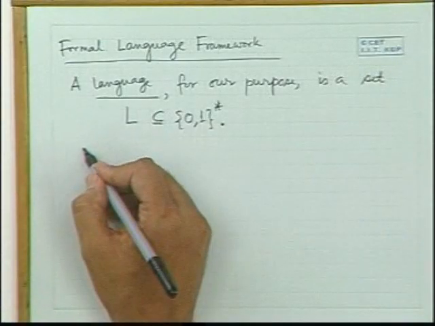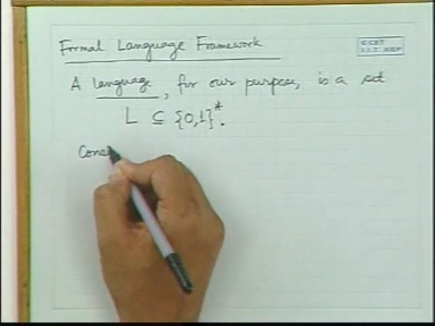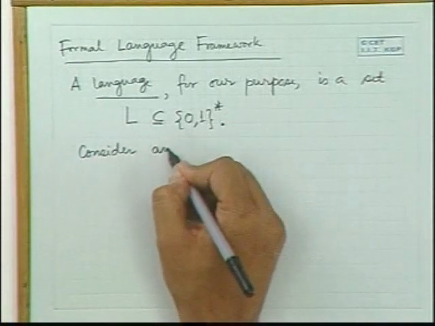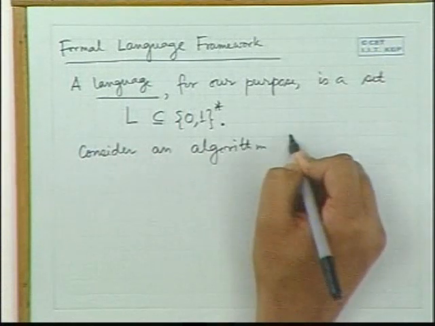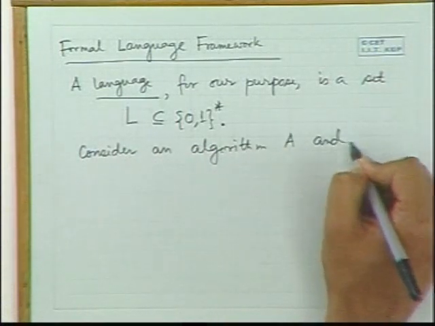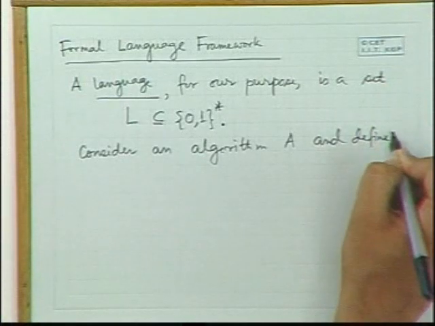Now, consider an algorithm A and define the corresponding thing as follows.